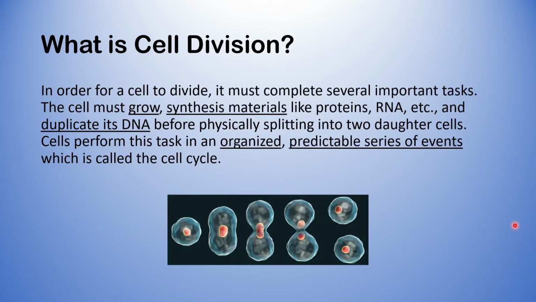What is cell division? In order for a cell to divide, it must complete several important tasks. The cell must grow, synthesize materials like proteins, RNA and so on, and duplicate its DNA before physically splitting into 2 daughter cells.